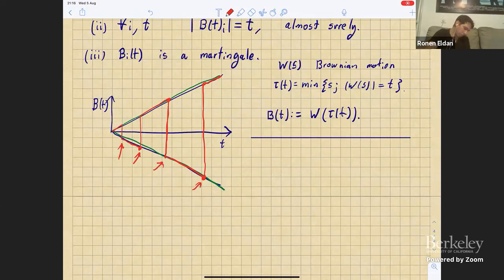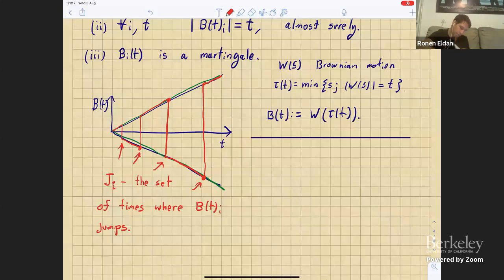Let's denote this by J sub i. So this is the set of times where B of t jumps either from minus t to t or the other way around.